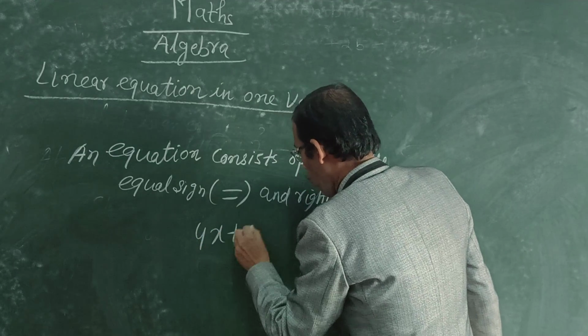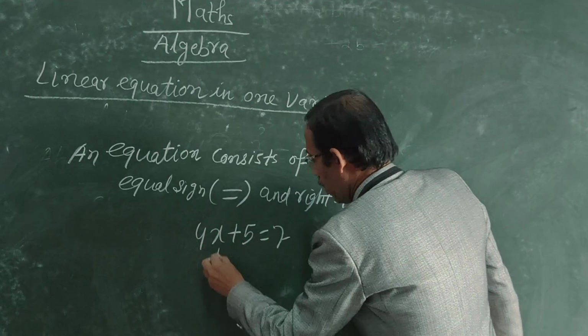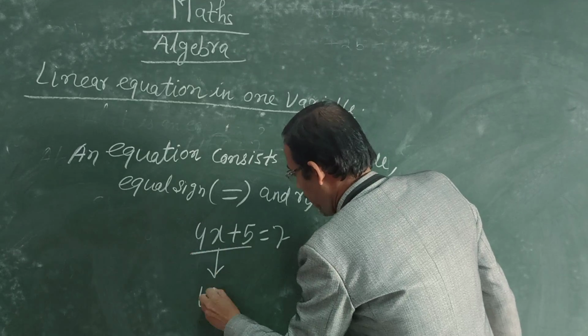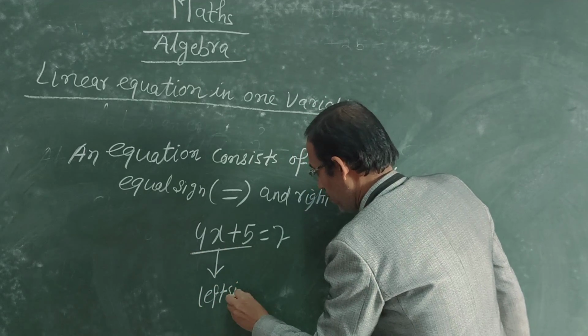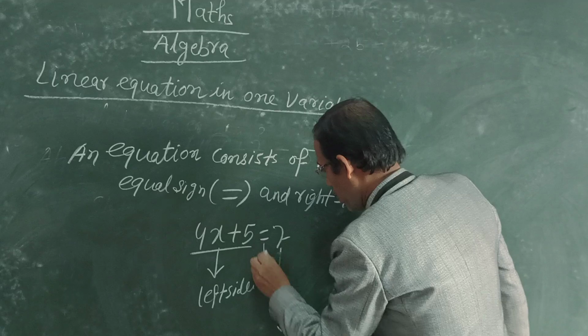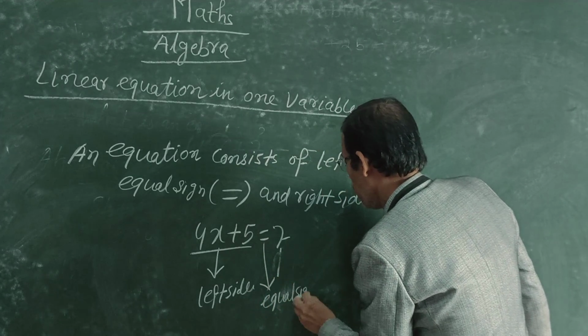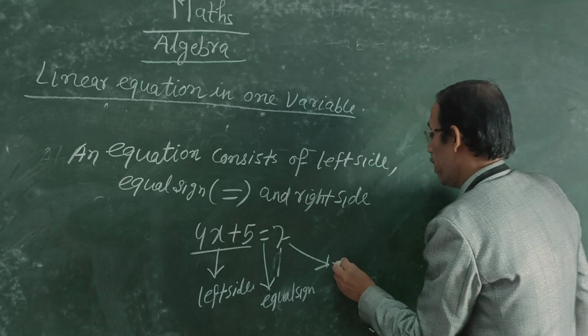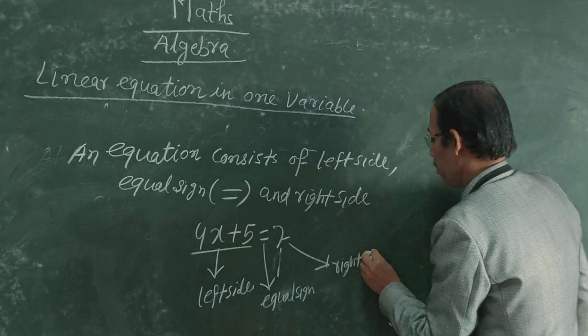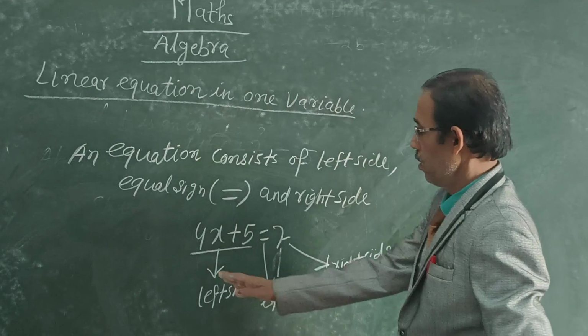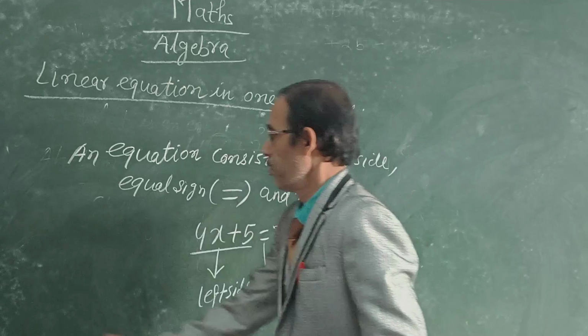Means 4x plus 7, this portion is the left side, and this is the equal sign, and this is the right side. So this is an equation.